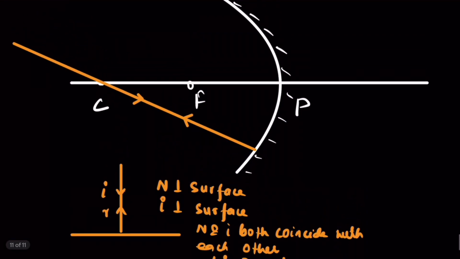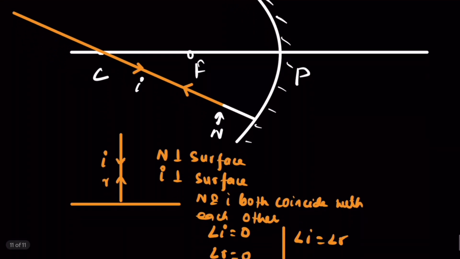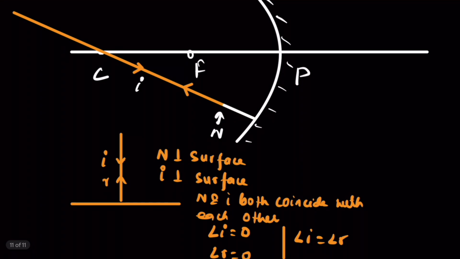Same case here in the center of curvature. When the incident ray touches the surface, in this case the normal and the incident ray both coincide with each other. Like this is our normal and here is the incident ray. So the same logic applies that we studied in part 1. That's why the reflected ray will follow the same path. I hope you understood this part clearly.